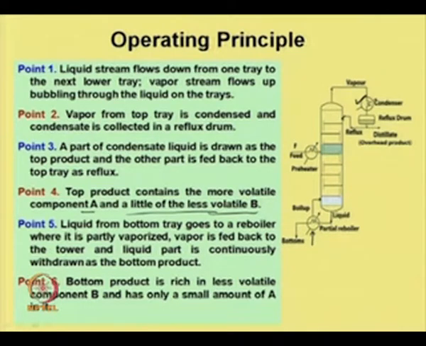Generally it is used as a partial reboiler. The vapor is fed to the tower, and some bottom product is continuously withdrawn. The bottom product is rich in the less volatile component and has very small fractions of the more volatile component.